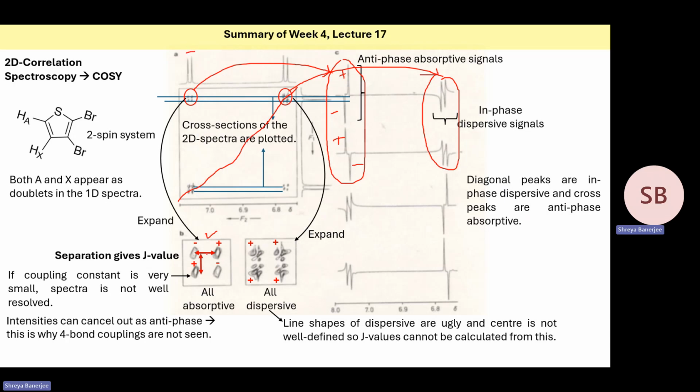Or if we look at the vertical axis, this separation is the J value. And we know JAX and JXA are the same. So you can calculate either of these separations to get the J value.